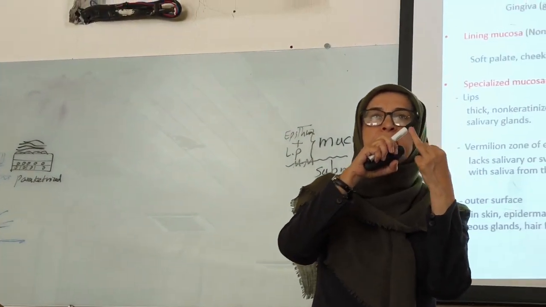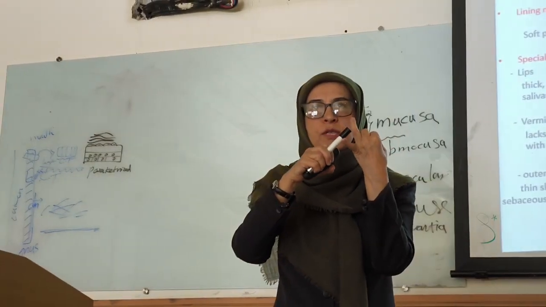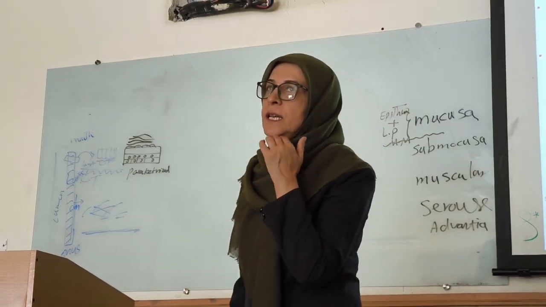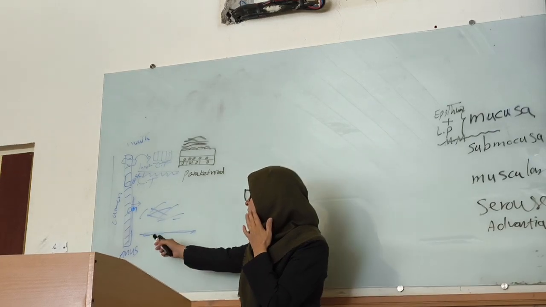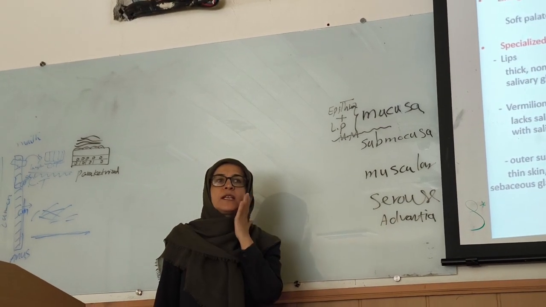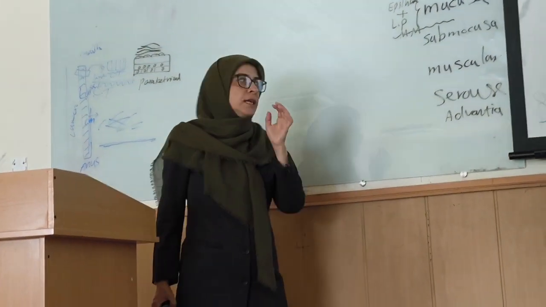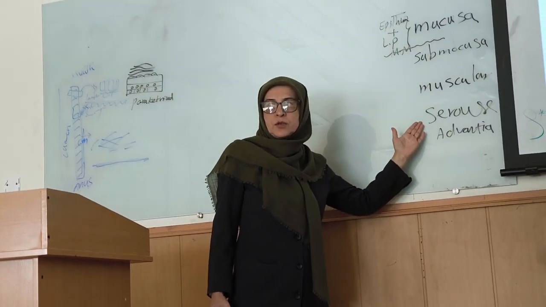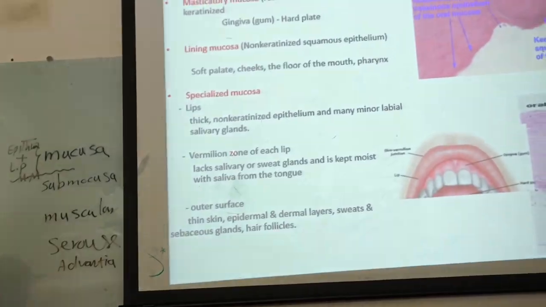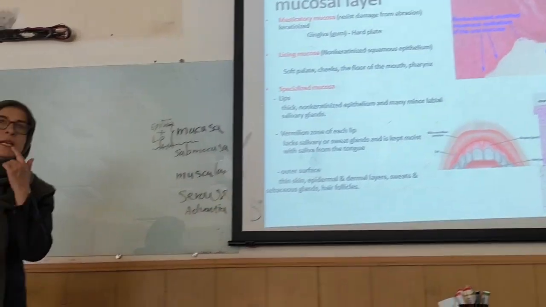And the dermis of the thin skin includes sweat glands, sebaceous glands, and hair follicles, which are in other parts of the face, and it also forms the 4th layer, replacing the adventitia in the oral cavity. Yes, the outermost layer of the mouth is the skin, not adventitia, not serosa. In the vermilion, this part lacks salivary glands and also sweat glands and sebaceous glands. It is moistened by the tongue.